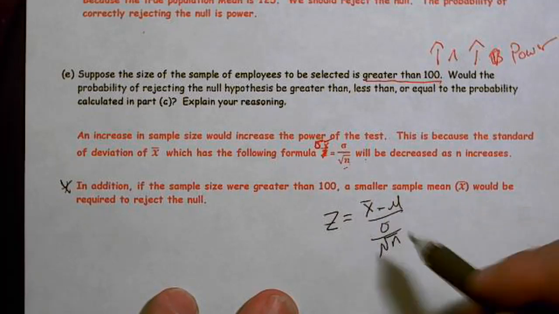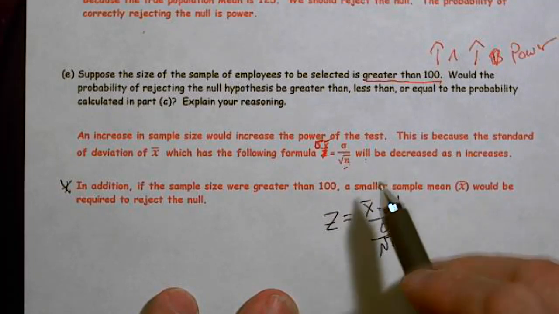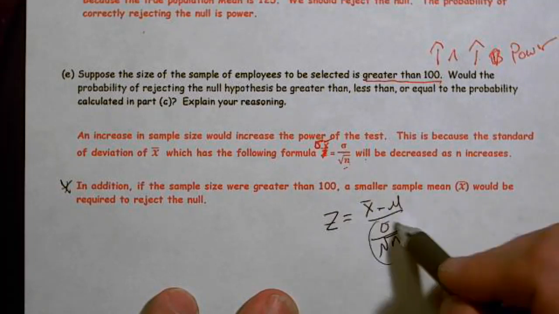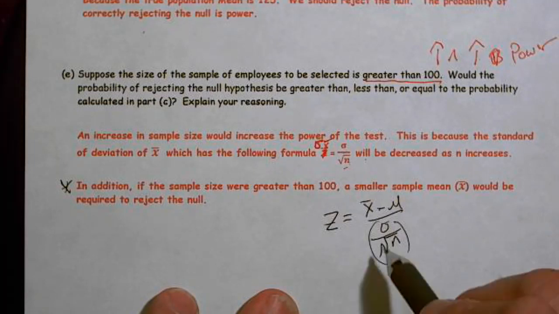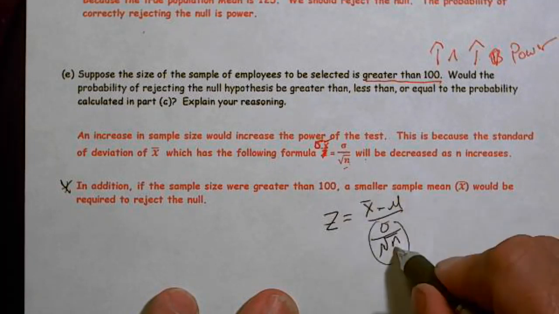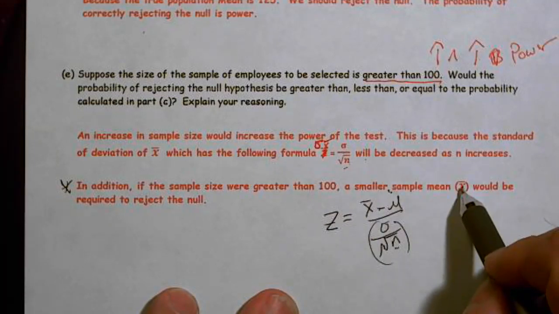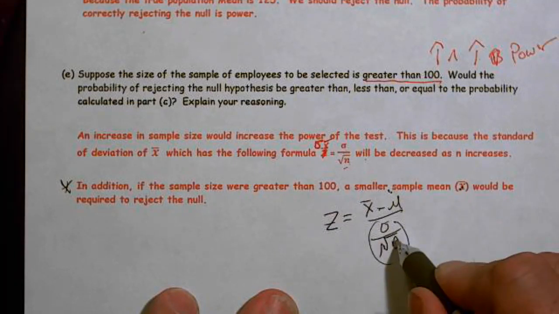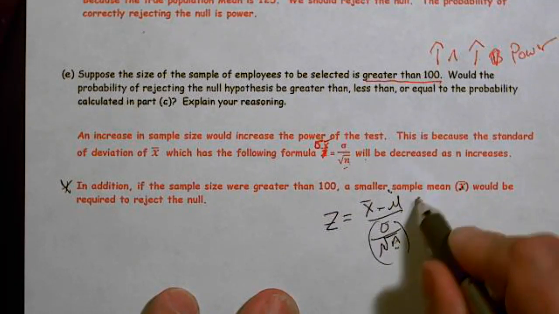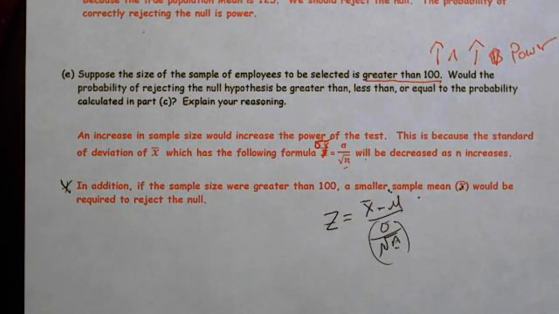Well, all right, as n gets larger, a smaller sample mean would be required to reject the null. So as n gets bigger, a smaller sample mean is required to reject the null, which means as n gets bigger, it's easier to reject the null if the null is false.